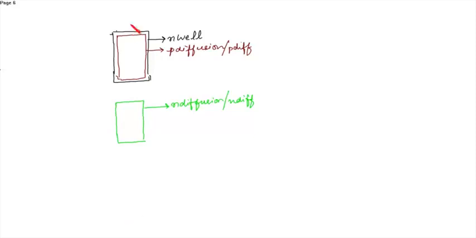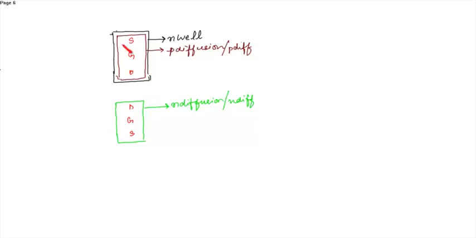Now after drawing the PMOS and NMOS, label this as source, gate, drain. This is the drain, gate and source. So this is the inverter part of the whole transmission gate.